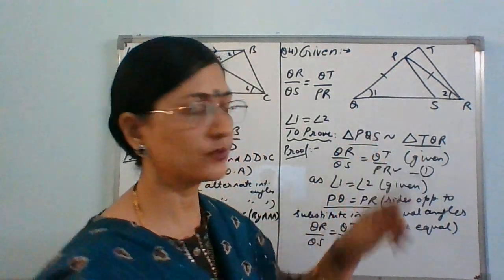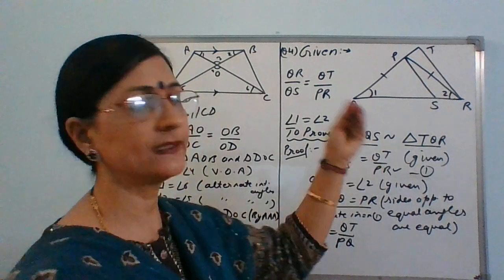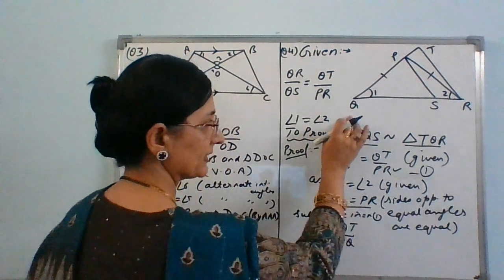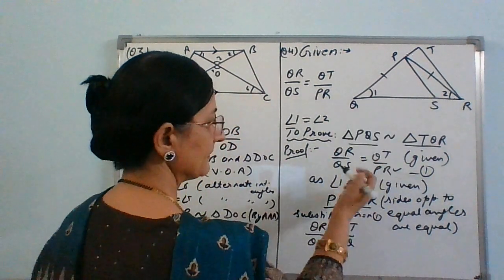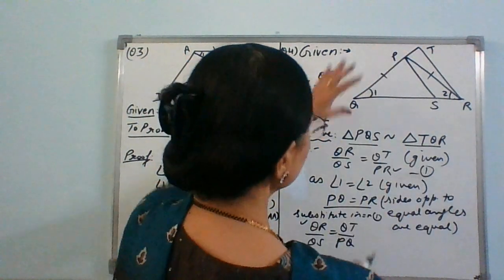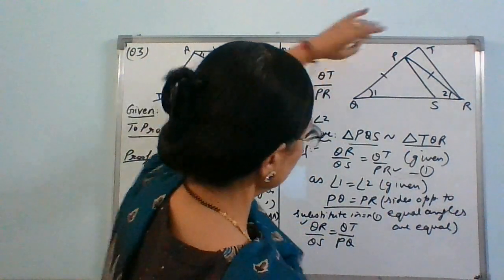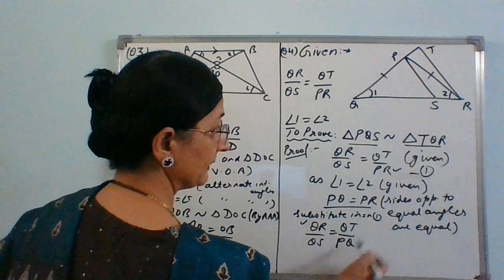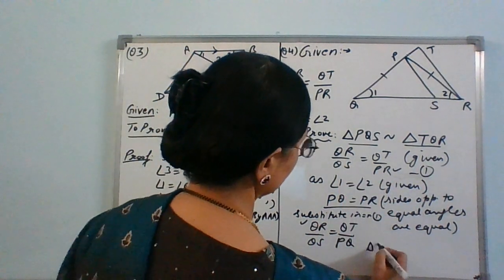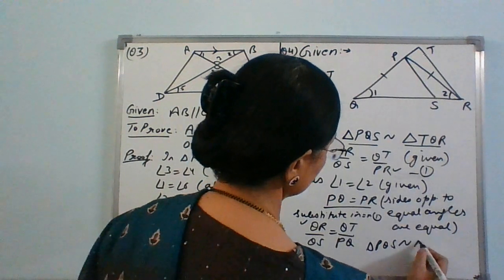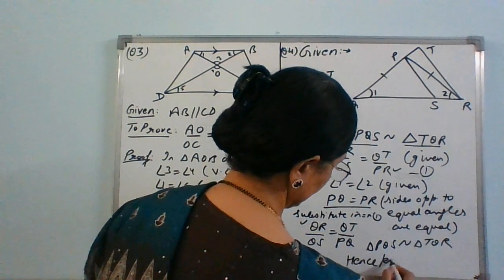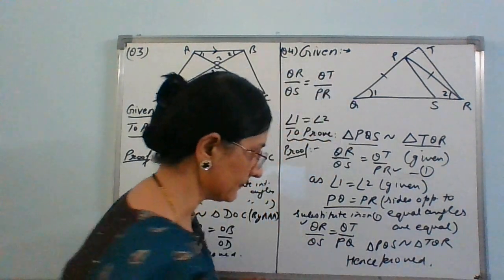For the two triangles you have to prove similar, just look at the sides of them. So we have that ratio QR upon QS. QT we have, and PQ we have just replaced in place of PR. So hence triangle PQS is similar to triangle TQR. Hence proved, right? This question was very simple.